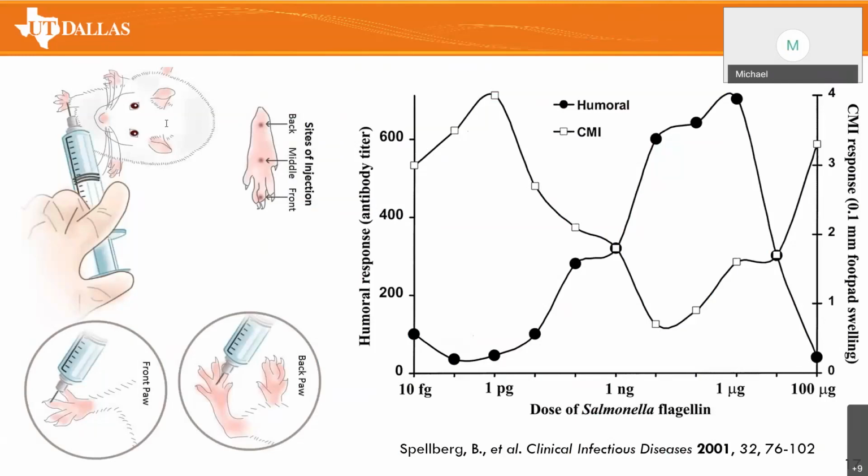So if we have a long-term release strategy, this is a strategy that's going to favor a humoral response, right? Correct. So it doesn't necessarily matter. This material is geared to initiate a stronger humoral response.